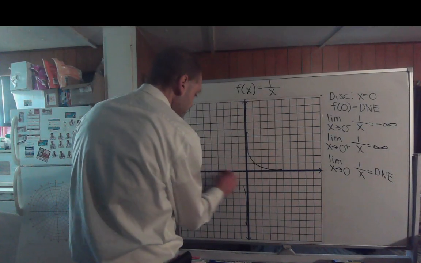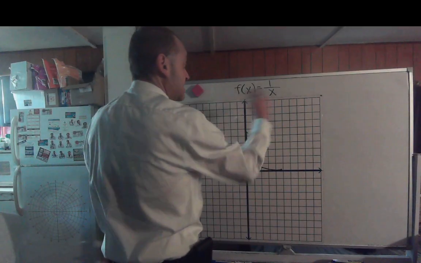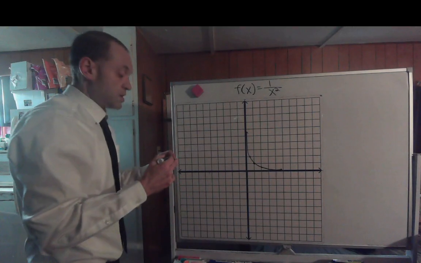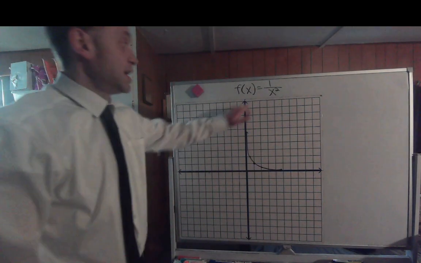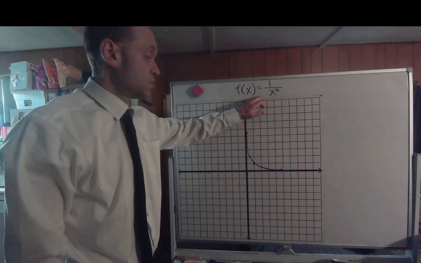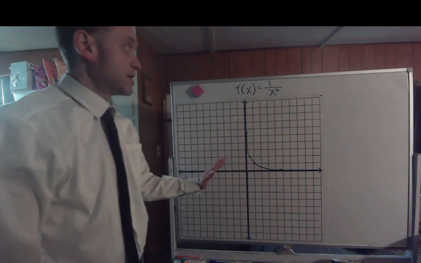But let me modify this just a bit here. This time, let's say I make f of x equal to 1 over x squared. So now I have an even power rational function, f of x equals 1 over x squared, the right branch hasn't changed, but what about the left branch?